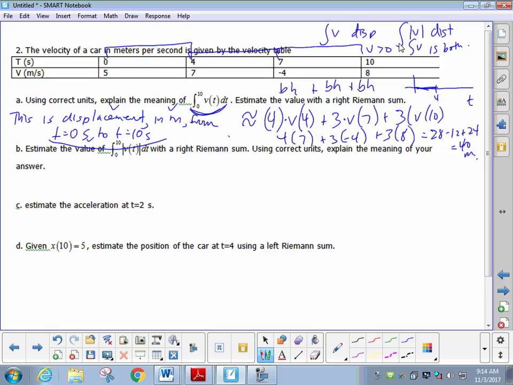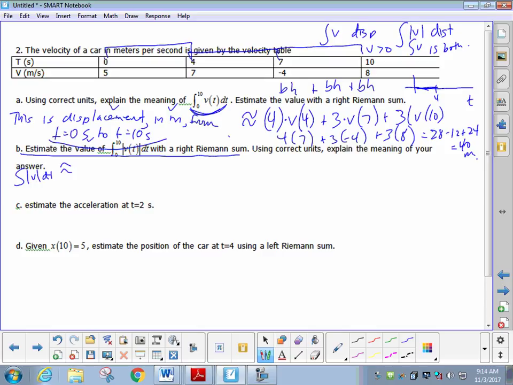Okay, estimate the value of that bad boy. If you're integrating absolute value, then you're finding distance. It does say to estimate this first and explain the meaning of your answer, not the expression. So, how would this change?